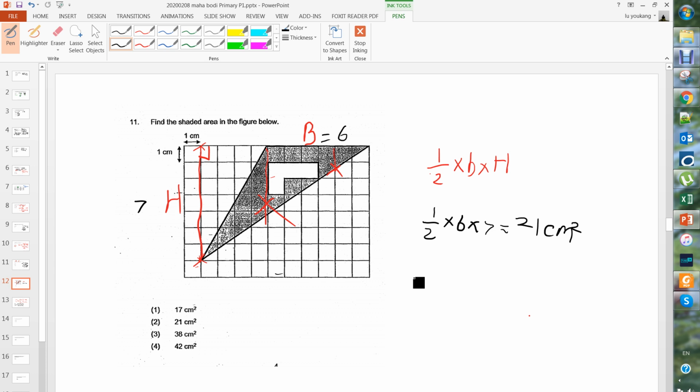Okay, you arrange your thoughts first before you speak. Ready? You arrange your thoughts already? What's the strategy? To find the shaded area, you need one piece minus one piece.